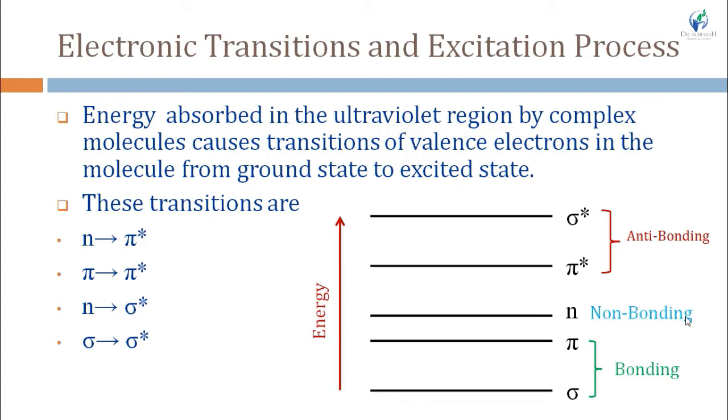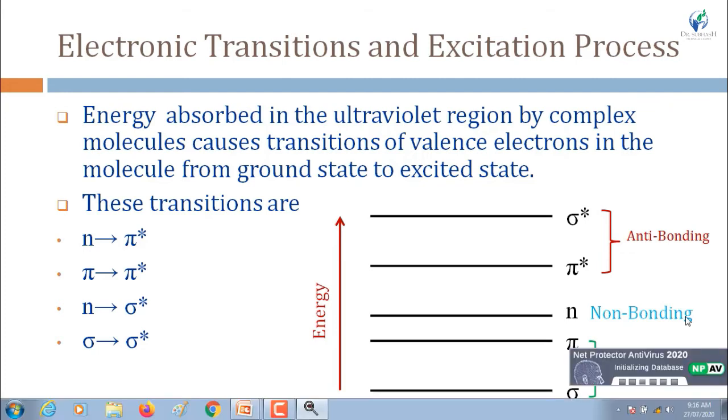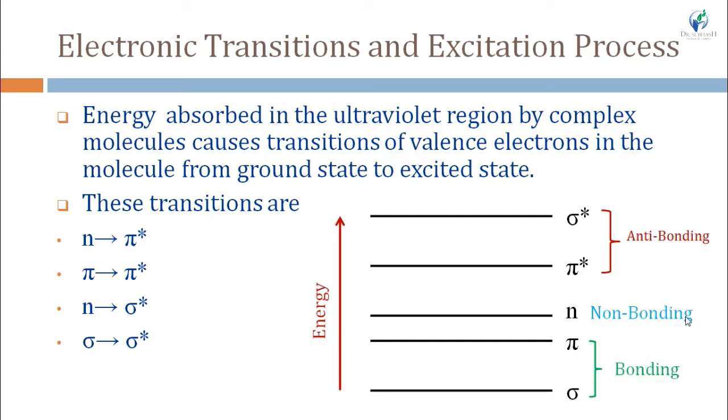Bonding orbitals mean the ground level and anti-bonding orbitals mean the excited state or excited level. In the ground state or bonding orbitals, electrons are stable, while in anti-bonding orbitals or the excited state, electrons are not stable.